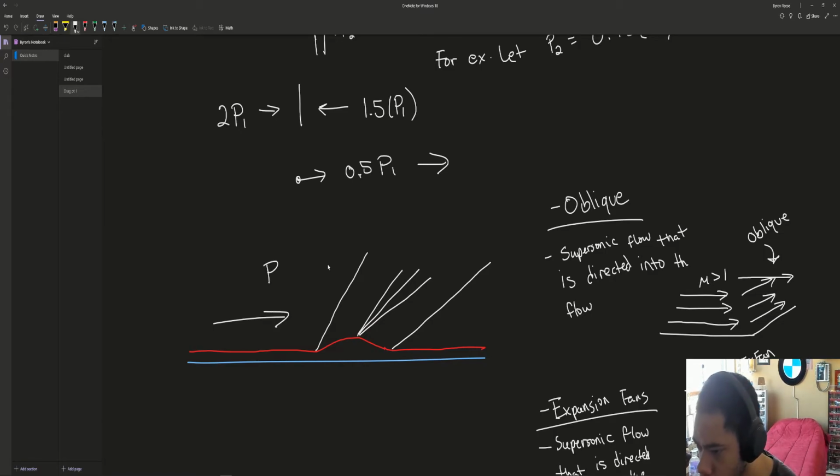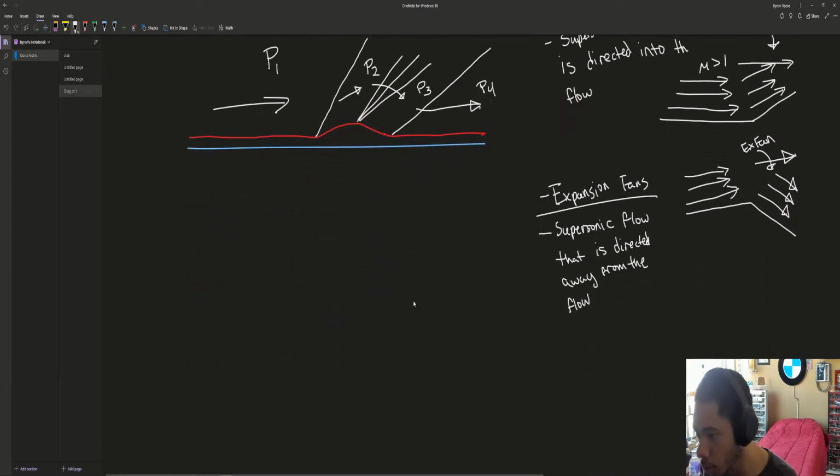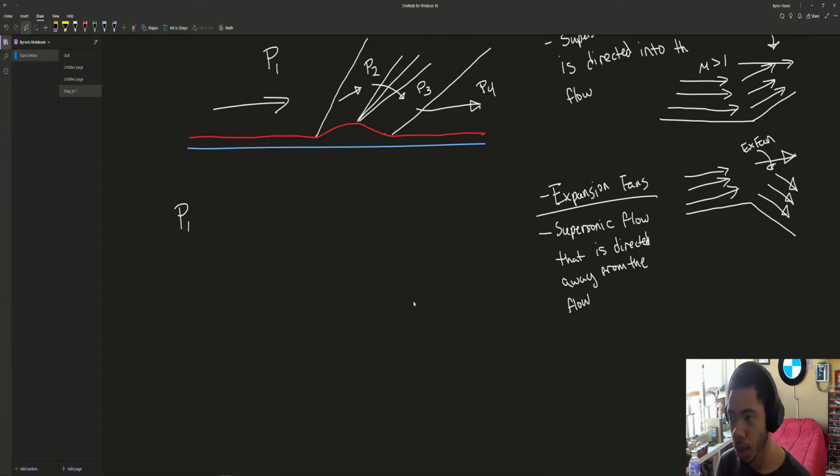Now what happens across the oblique shock is that as we come here, we have P1. Once we go across this oblique shock, we get P2, and then we go across this, it looks like this, and then it curves back down to P3, and then it curves back out to P4. P1 is our initial condition, but once it crosses an oblique shock, the pressure increases significantly because your velocity will actually decrease across an oblique shock.